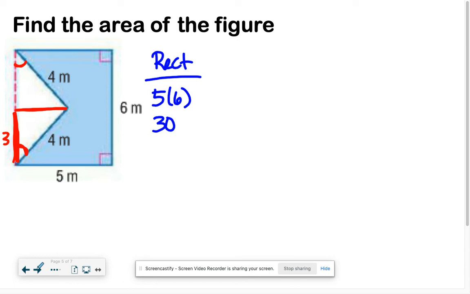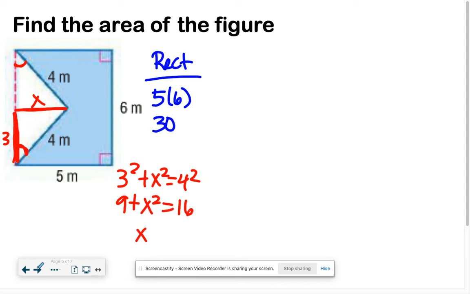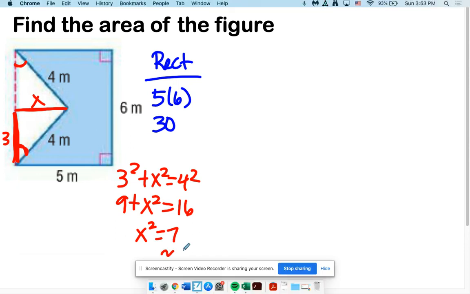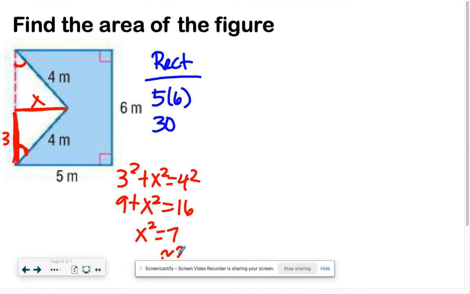So then we know that this would be 3, and then I do the Pythagorean theorem. 3 squared plus x squared equals 4 squared. 9 plus x squared equals 16. x squared equals 7. The square root is about 2.6.